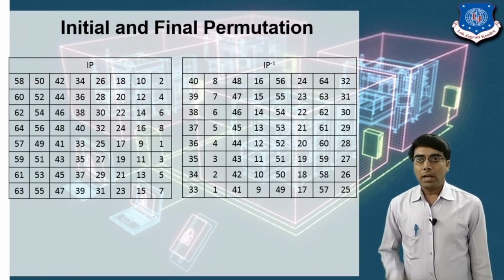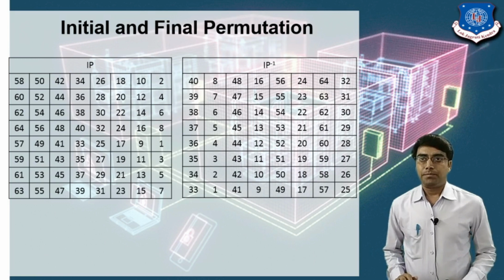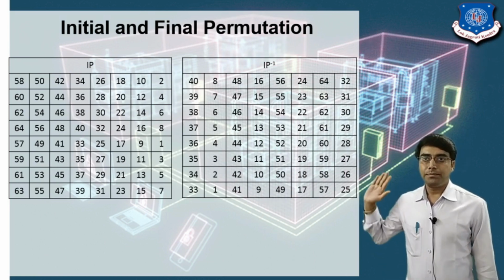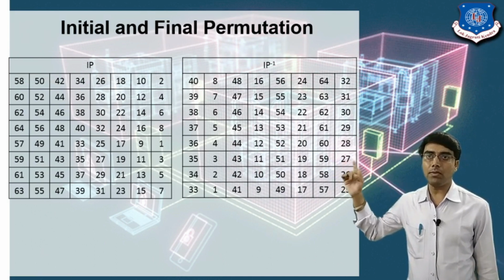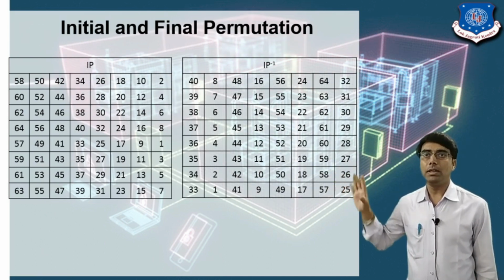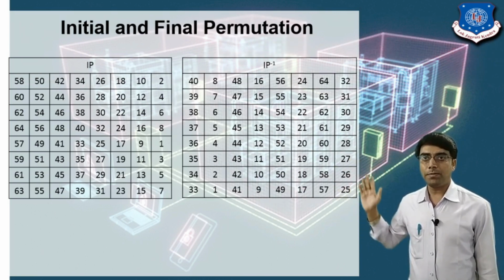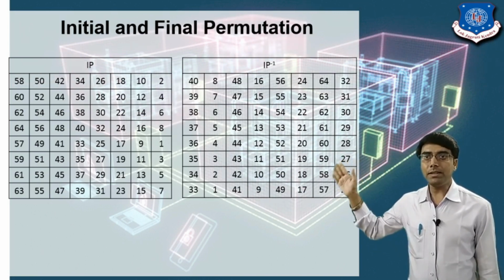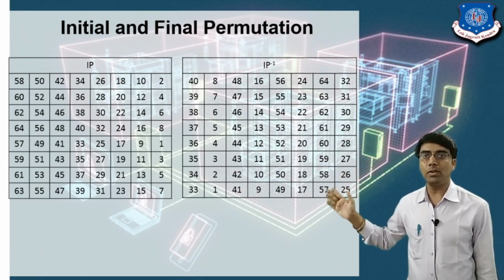Now how do we remember this table? Here you can see in the first four rows of the first table, the initial permutation, we consider the last column. The last column is filled with the even numbers 2, 4, 6, 8.